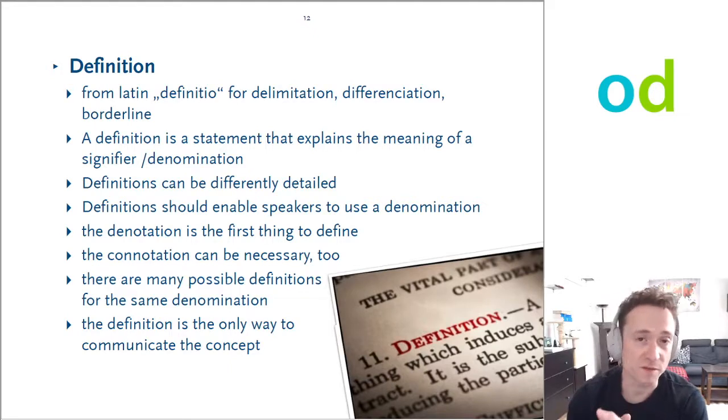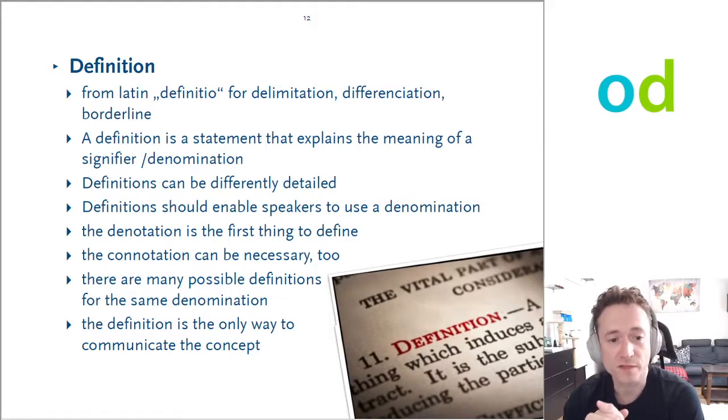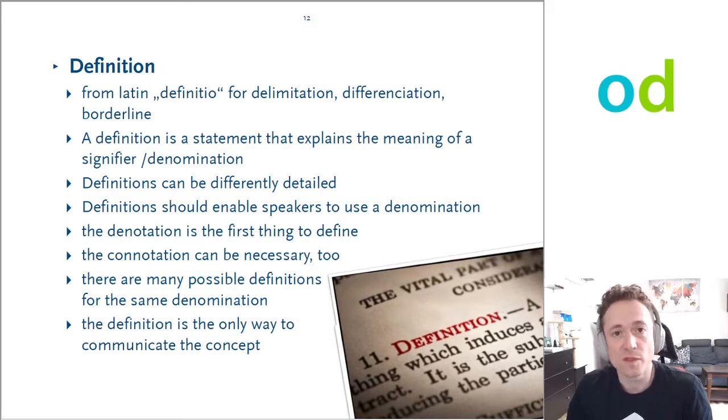The size of a definition can be very different, so they can be differently detailed. Depending on who the definition is for, you're selecting how to construct it. You can create a definition that is very short, or very long.